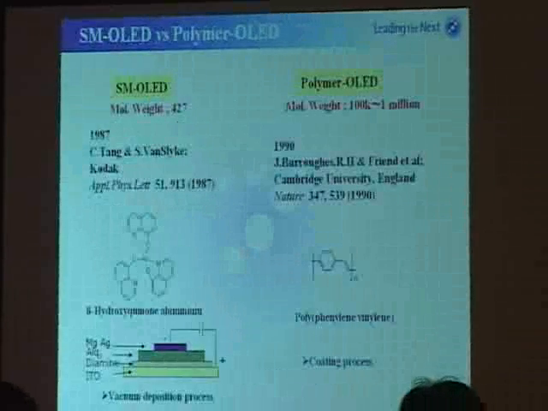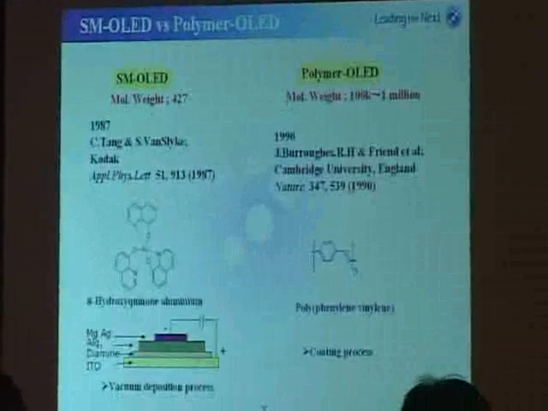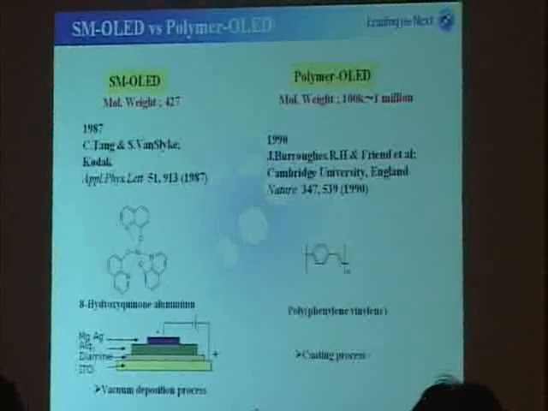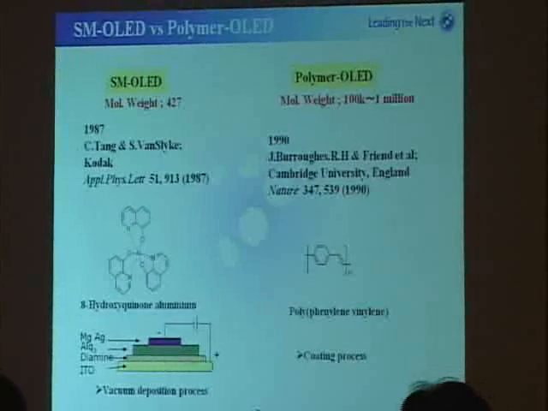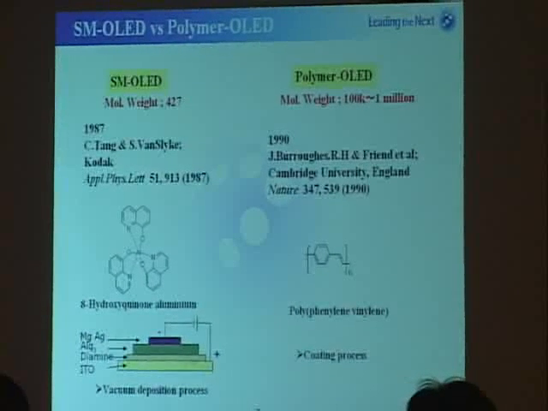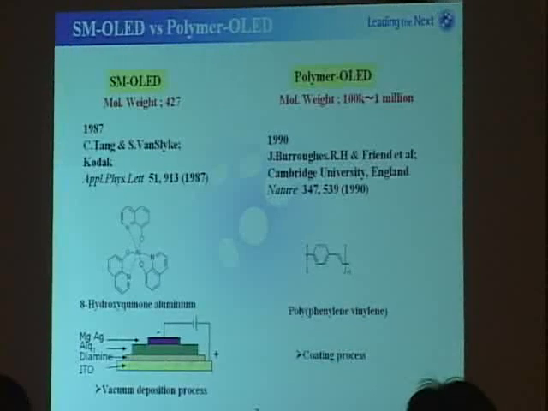Next. For organic LED, there are two types. One is the small molecule OLED, and the other is the polymer OLED. Small molecule OLED was developed by Dr. Tang at Eastman Kodak in 1987.